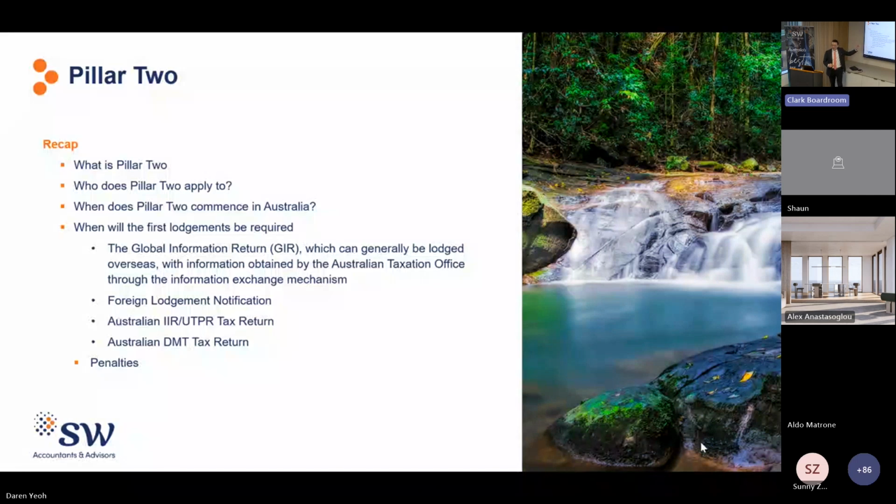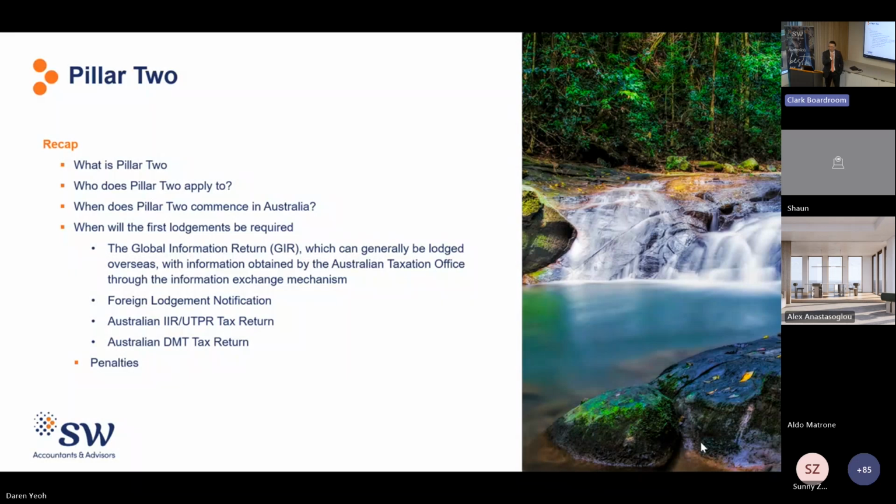The first one is a global information return. The global information return contains data for the entire multinational group. Regardless of whether or not your parent company's jurisdiction has implemented Pillar 2, so for example China and the US, which have not implemented Pillar 2, the GIR form must be lodged.